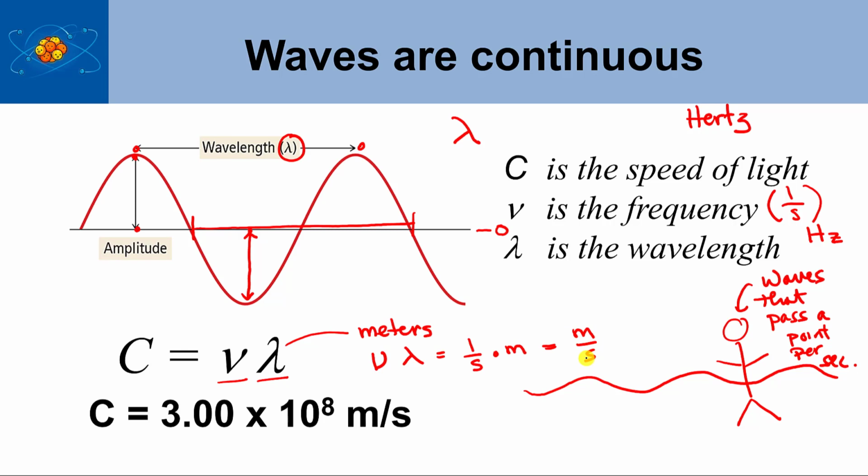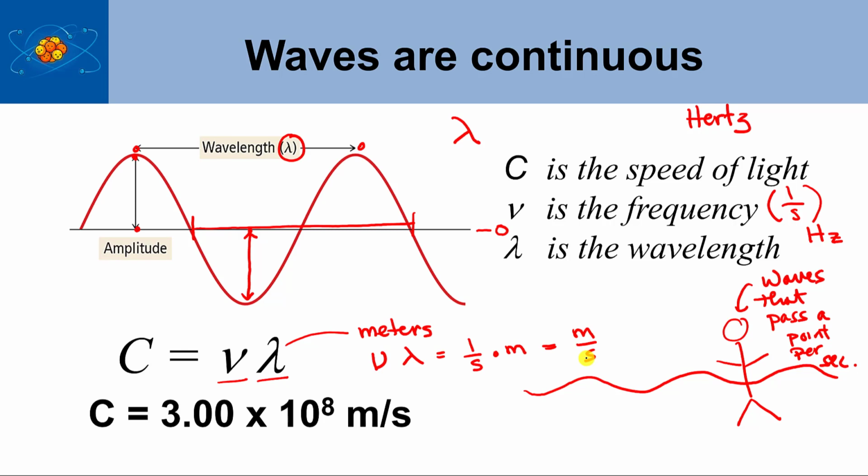Now, most waves can travel at different speeds depending on the density of the medium that they're traveling in. As it turns out, light waves can travel in the absence of a physical medium. And light in a vacuum generally travels at the same velocity regardless of the point at which you're observing it.